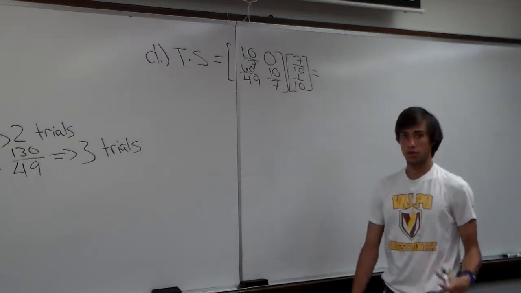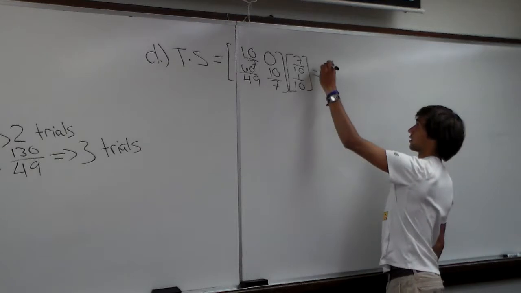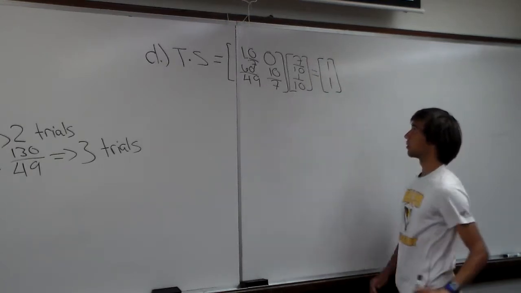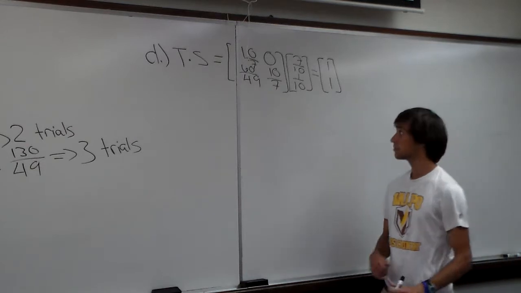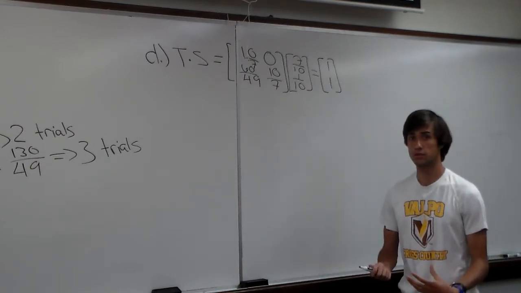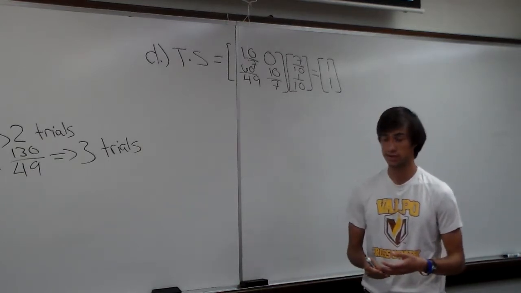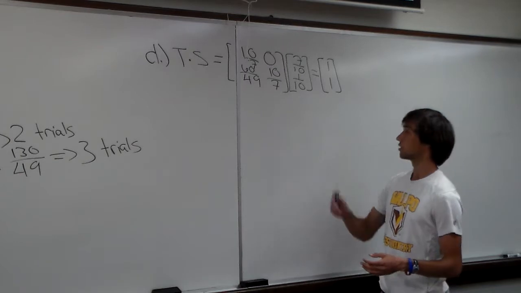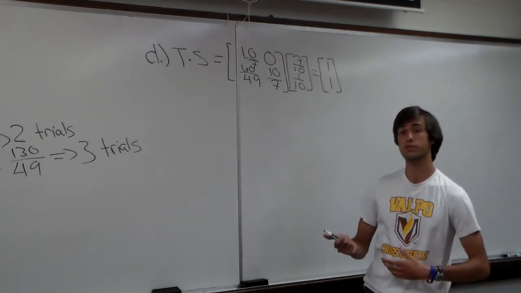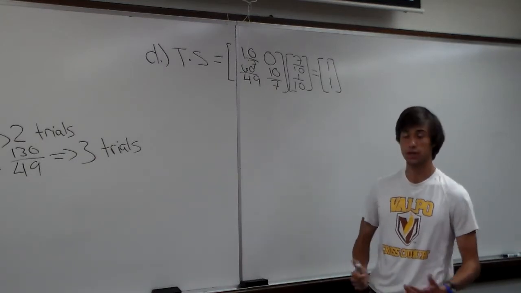I'm not going to go through the multiplication here, but you should end up with a 2 by 1 matrix: 1, 1. What does that tell us? Regardless of what state you start in, even if you get an F on the first draft, or a C or a D, there's still a probability of 1 that we get to an A. So regardless of what your first paper is, you should end up getting an A. And that's all we need for part D.